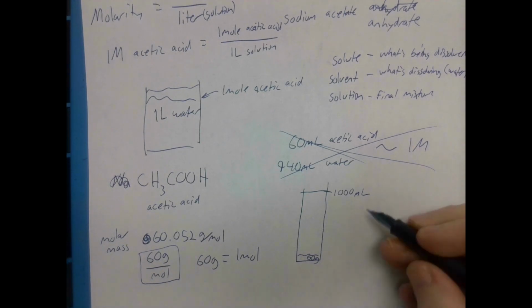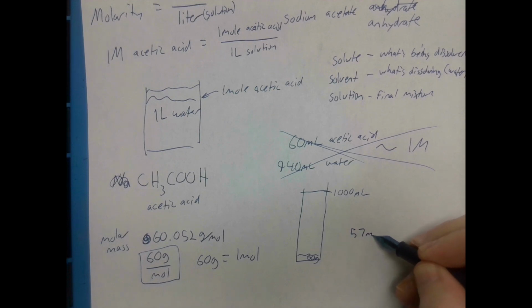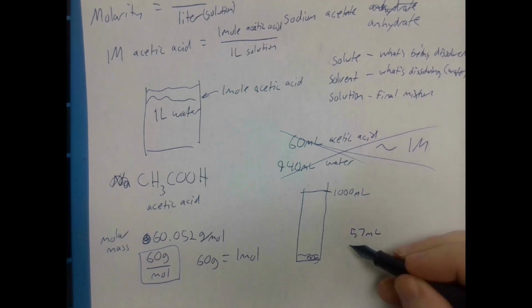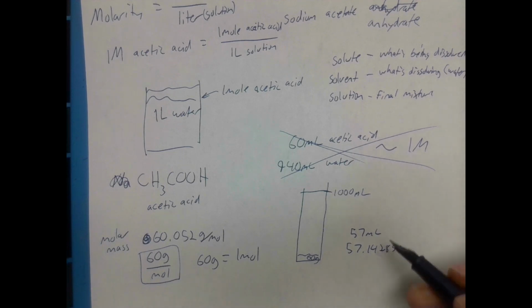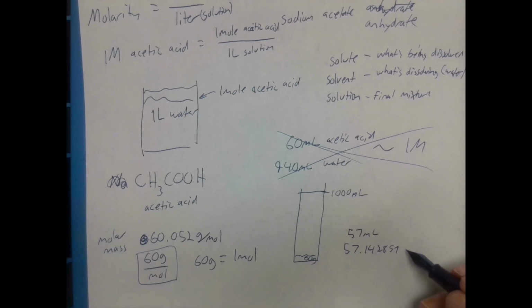You should be adding 57 milliliters of vinegar, roughly. 57.142857, so 60 grams has a volume of 57. So you would have made something slightly stronger than 1 molar.